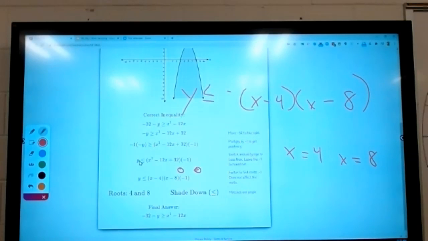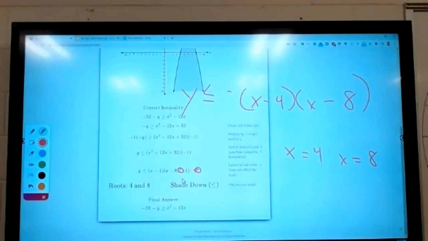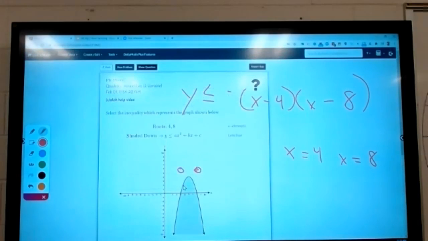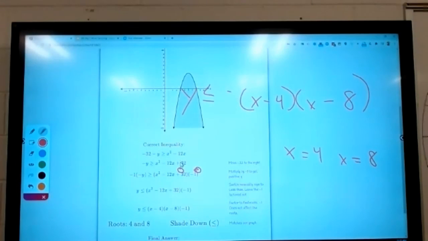They switched the sign. Now, they took a -1 out. Well, what's the -1 tell you? Up or down? Okay, and then they factored. Okay, so that's this one. Do they have a second way? I didn't really show a second way, did they? They only show one way for every example.